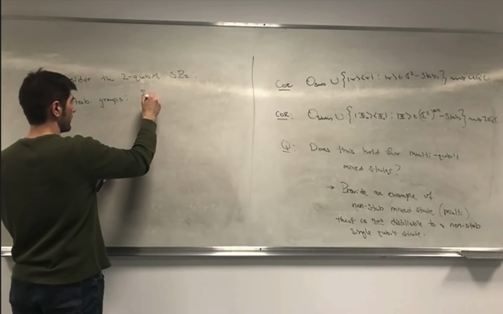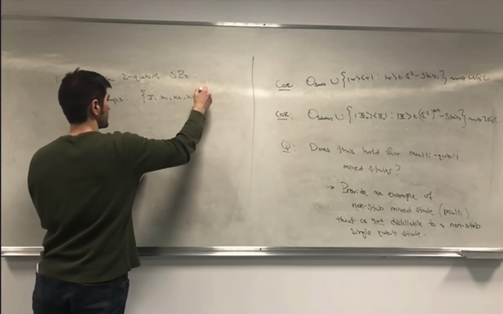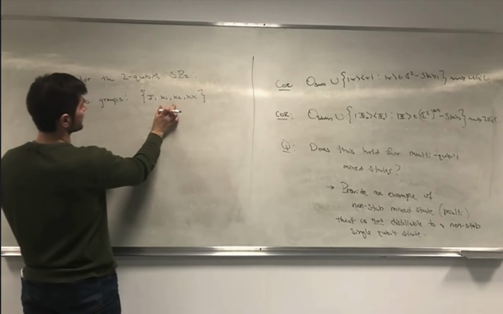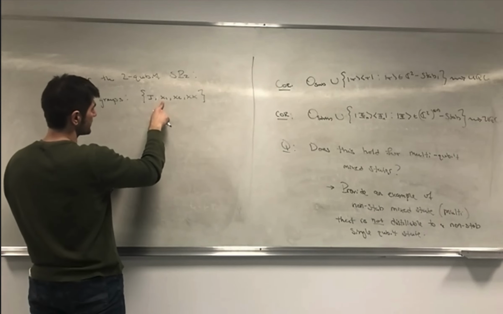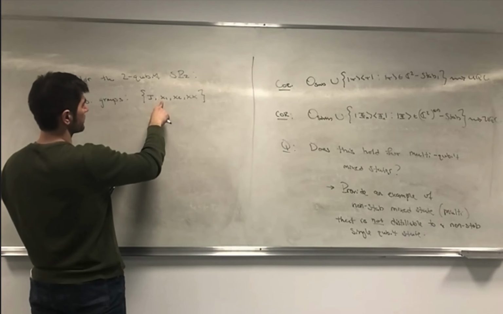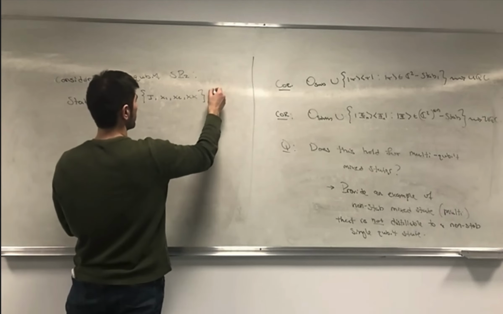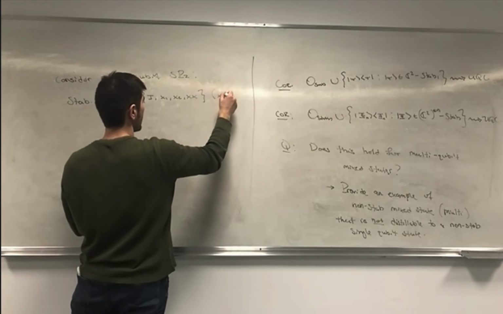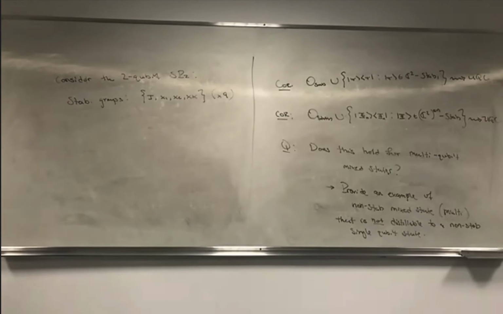So you could have like I, X1, X2, XX, and you can do this for every combination of sigma 1, where sigma could be X, Y, or Z, and sigma 2. There's 3 times 3, so there's 9 such stabilizer groups.